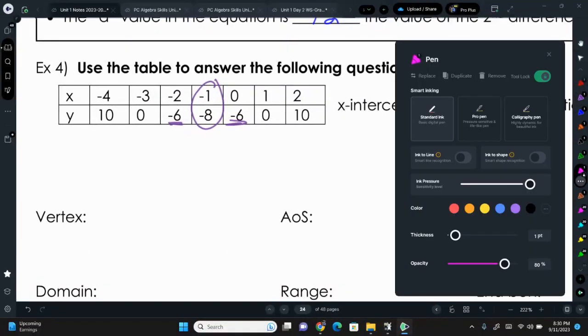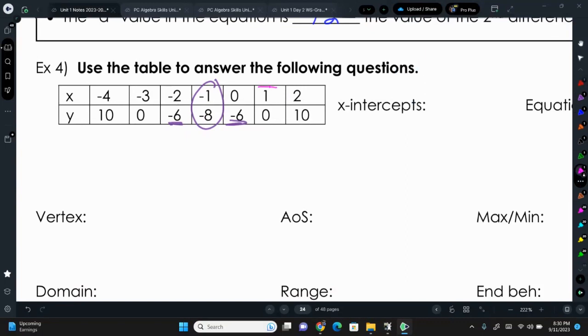And we also have our x-intercepts, -3, 0 and 1, 0. So we could actually write this in both forms, vertex form or intercept form.